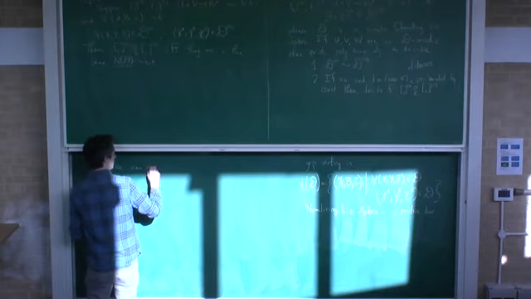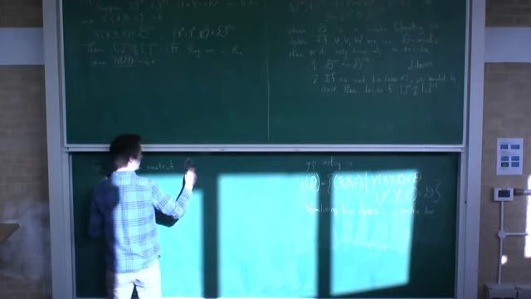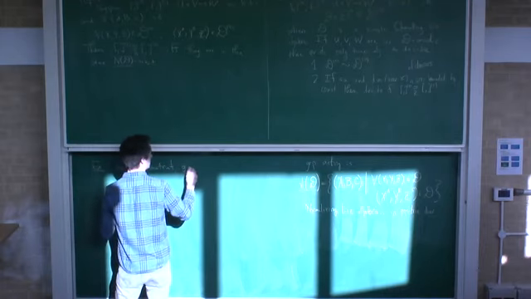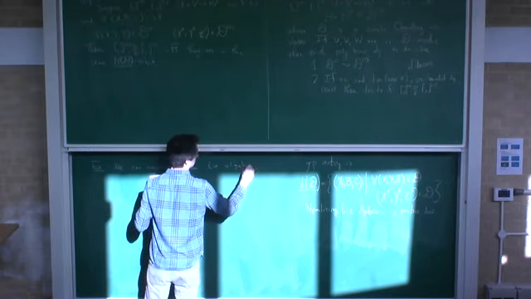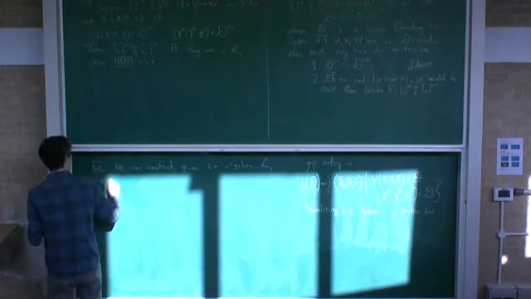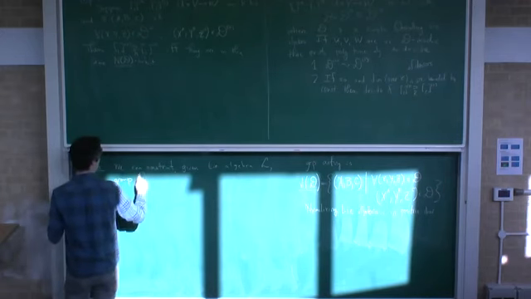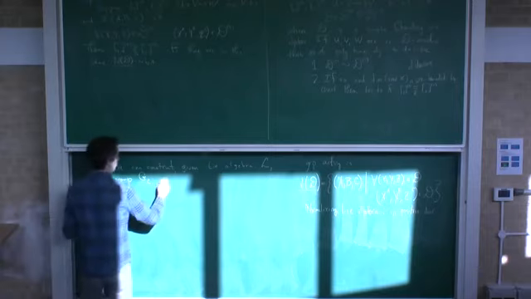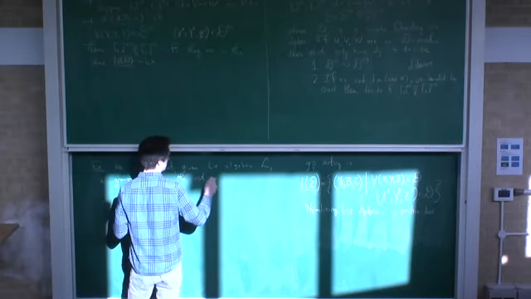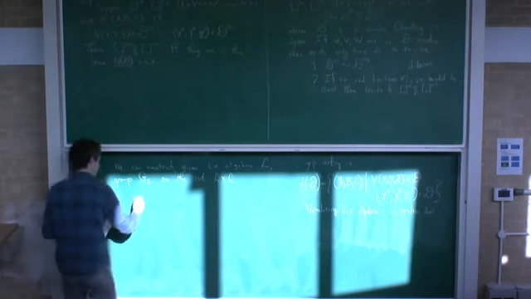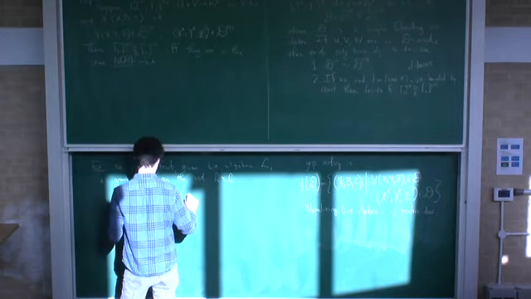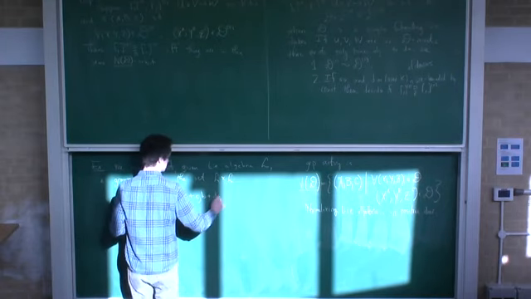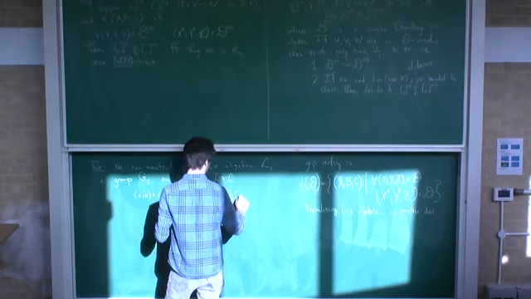We can construct, for a given Lie algebra L, a group on the set L cross L. You define the multiplication as A plus C, B plus D plus 1/2 of the bracket.